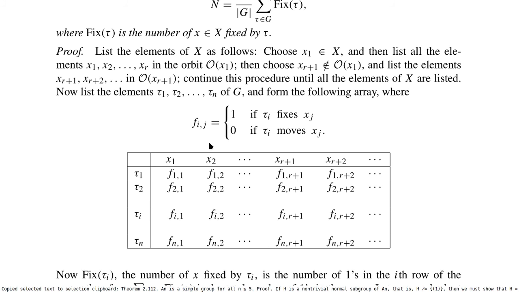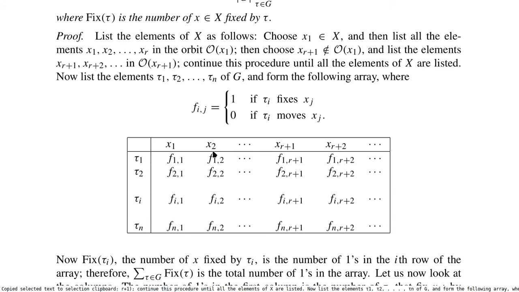And so these are tau 1 till tau n of the group. So you have Fij. Fij is this function which gives you 1 if tau i fixes xj, and 0 if tau i moves xj.